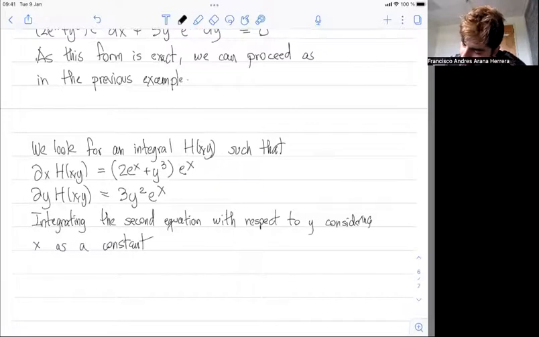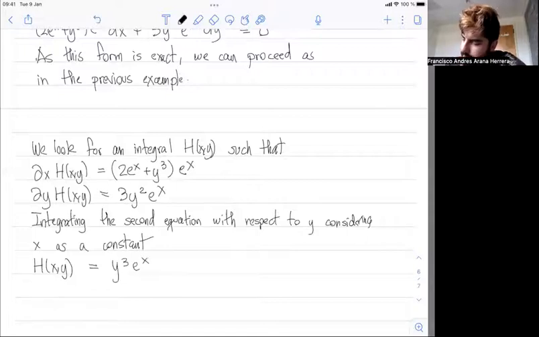We get H(x,y) is equal to y cubed e to the x. So x here is a constant, so e to the x is a constant, and the integral of 3y squared is y cubed. Now, as always, you need to consider a constant of integration. But x is also considered as a constant, so your constant can also depend on x, so we usually write it as h of x.